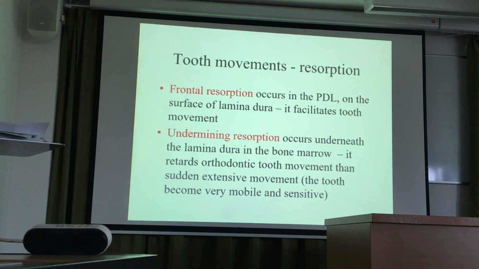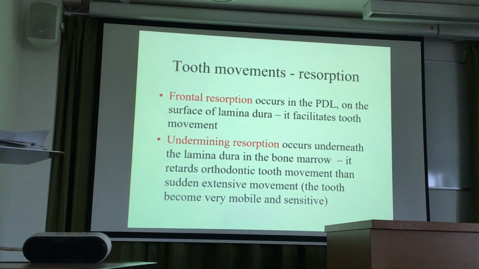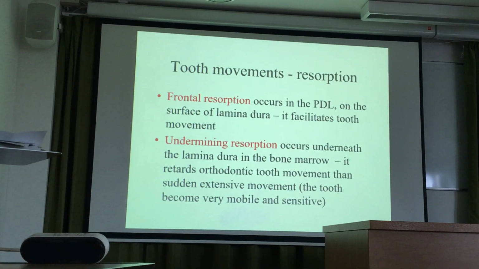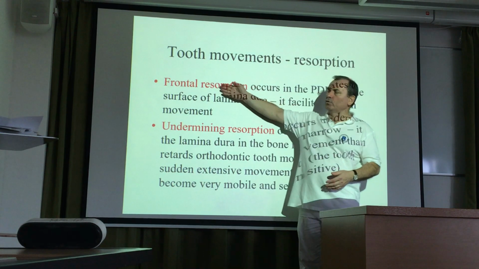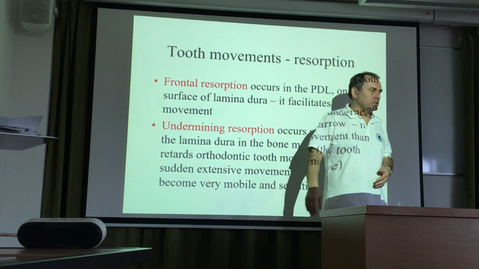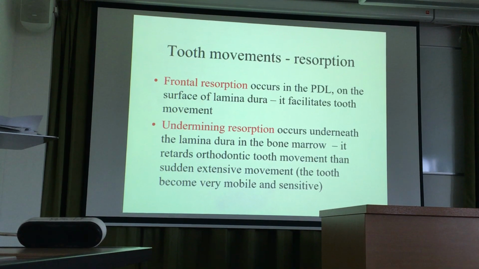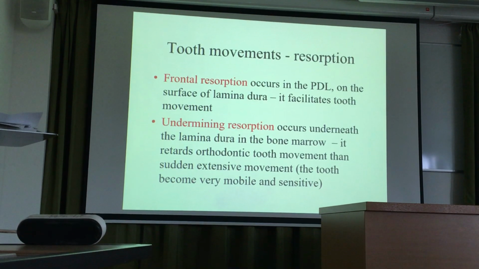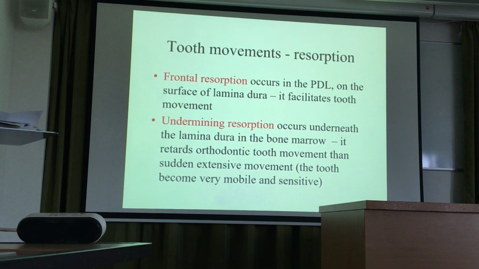This undermining resorption is the result of the resorption of that side of the lamina dura which is facing the bone marrow. Okay? So this is the undermining bone resorption. And of course, the frontal is the normal, the wanted, the physiologic, and the undermining resorption is seen when you apply too heavy, too strong forces. Okay, too strong forces are applied. The result will be undermining bone resorption. Okay.